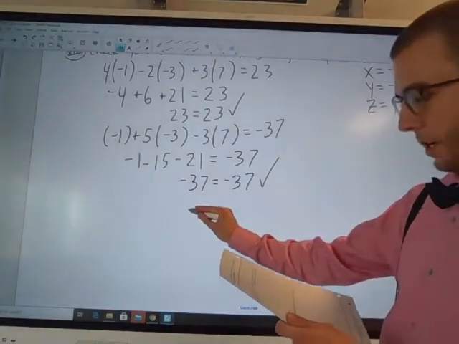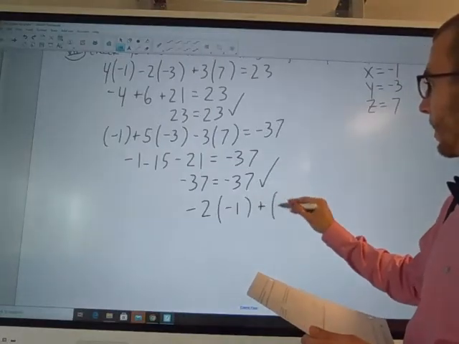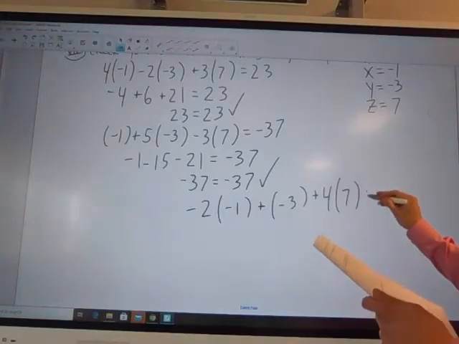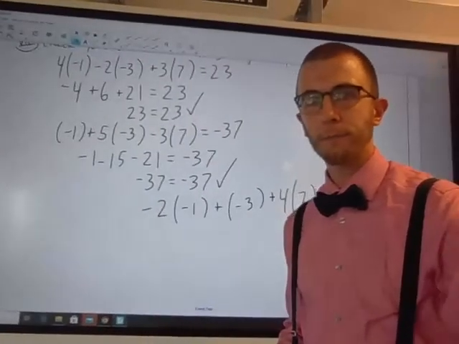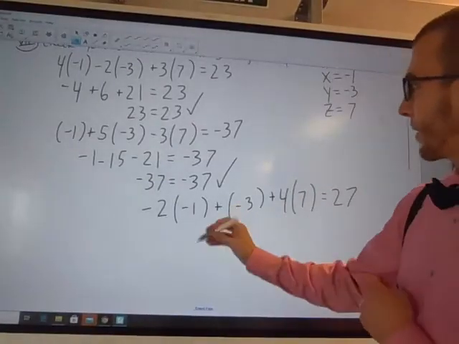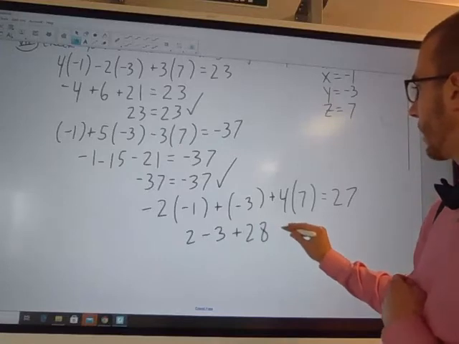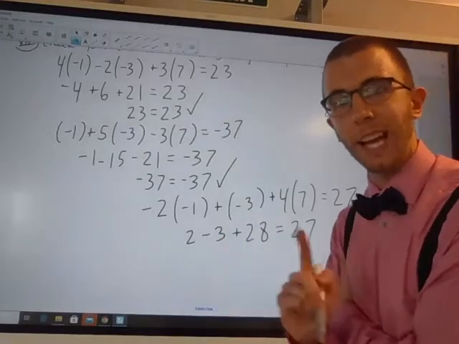And the last one, negative 2x plus y plus 4z equals 27. All right, last one, guys. Let's make this count. So this is 2 minus 3 plus 28 equals 27. 2 minus 3, that's negative 1.